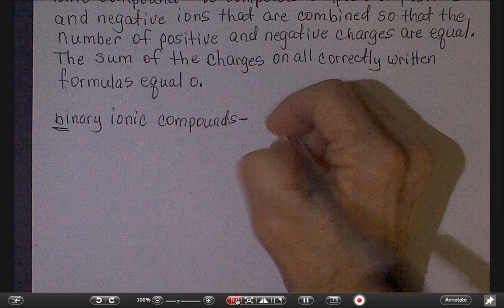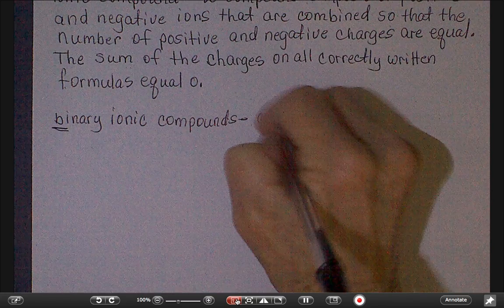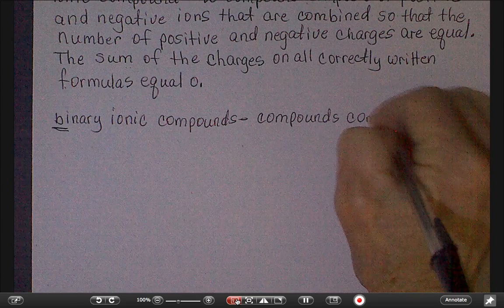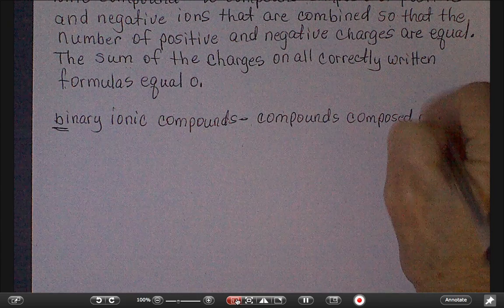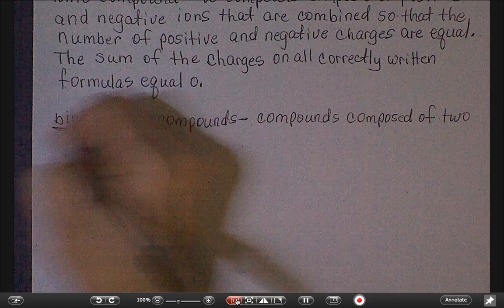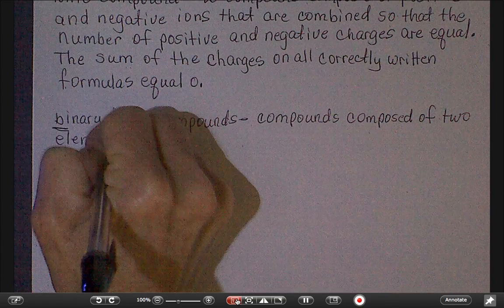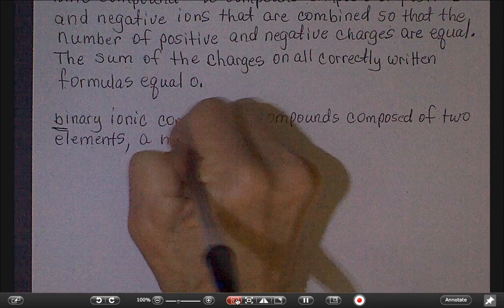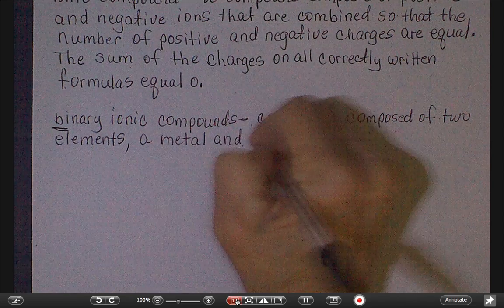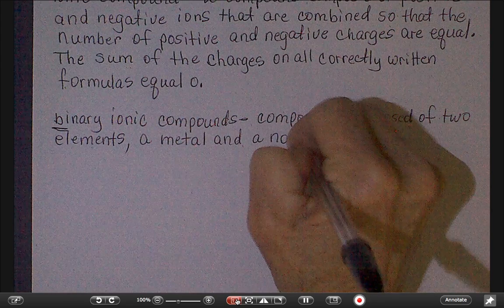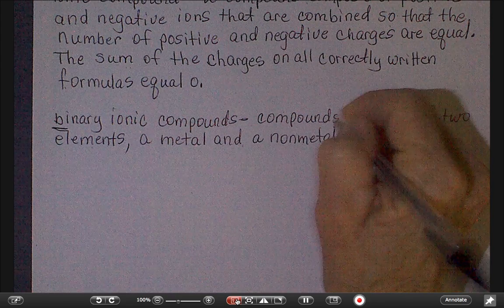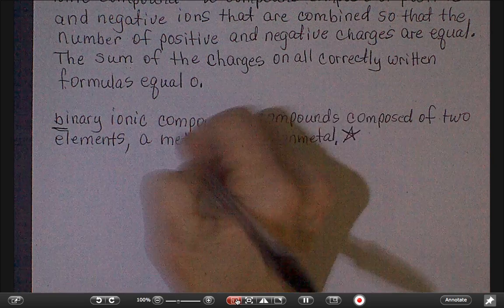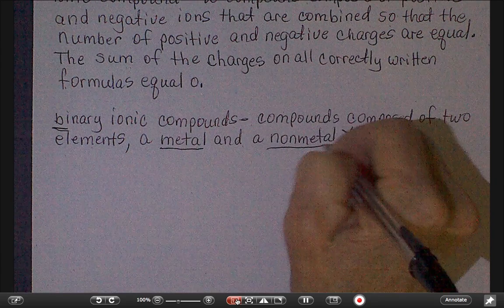So these are compounds composed of two elements: a metal and a nonmetal. Underline metal hooked to a nonmetal.